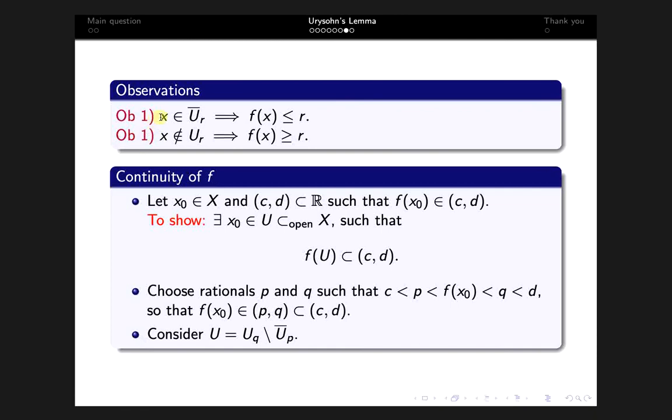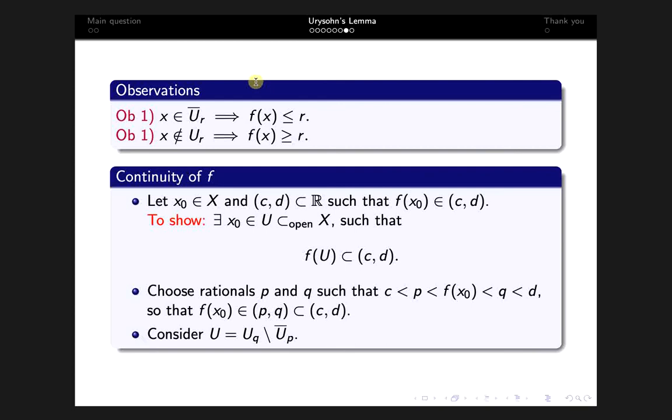So what is observation 1? x belongs to U R closure implies f of x is less than or equal to R. If x belongs to U R closure, then one can see that the set of all rationals strictly greater than R are also in Q of x.